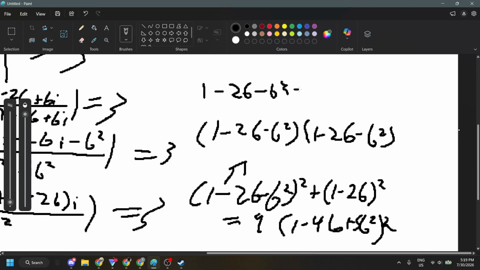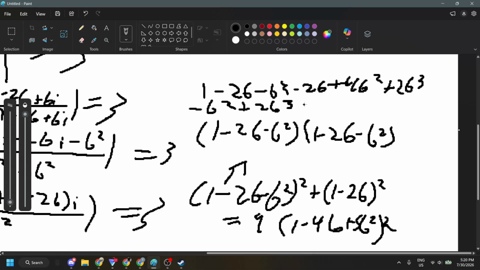This times this is minus 2b. This times this is plus 4b squared, and this times this is plus 2b cubed. And then this times this is minus b squared, and we have plus 2b cubed, and plus b to the 4.